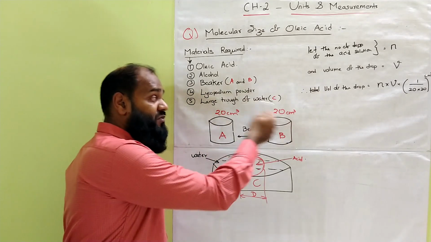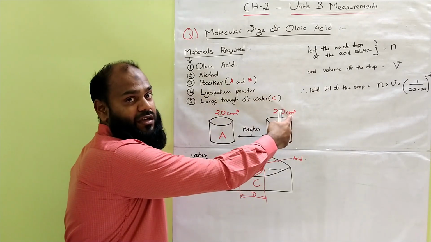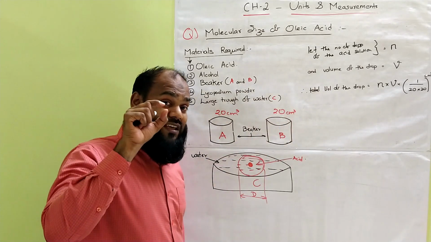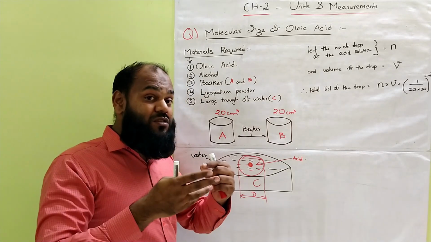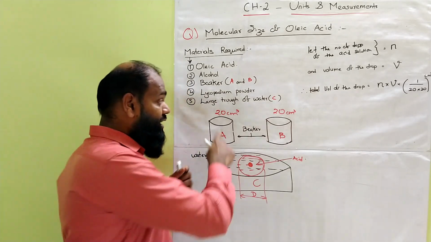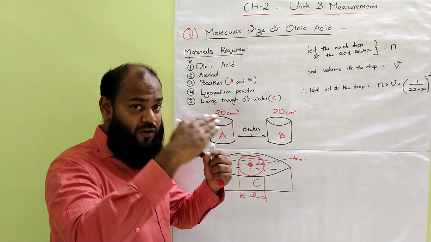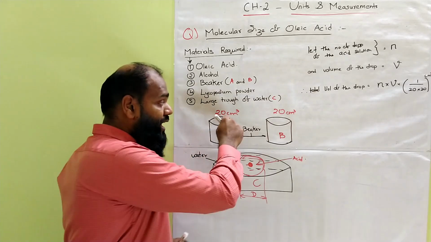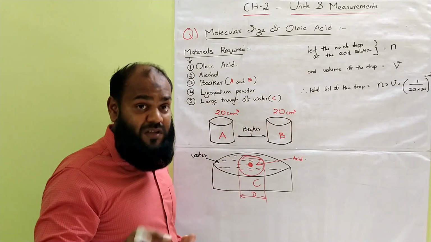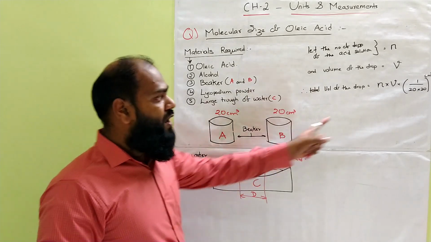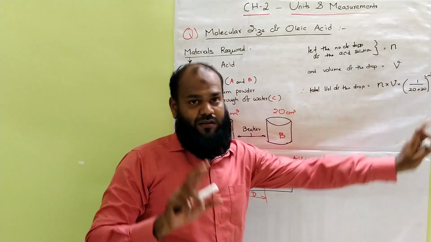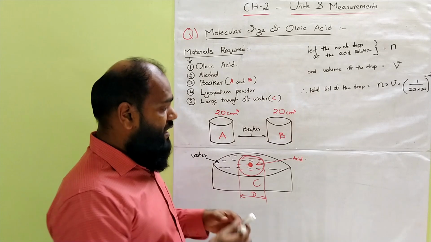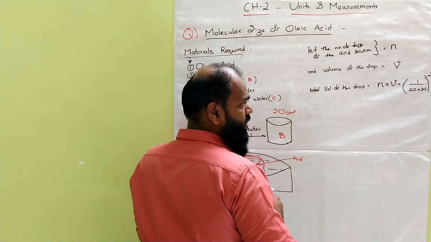Therefore, the concentration has been further reduced by 20. So the acid has been diluted two times, each time by 1 by 20, so I have two 1 by 20s here. Fine. Let this be the formula, let this be equation 1.